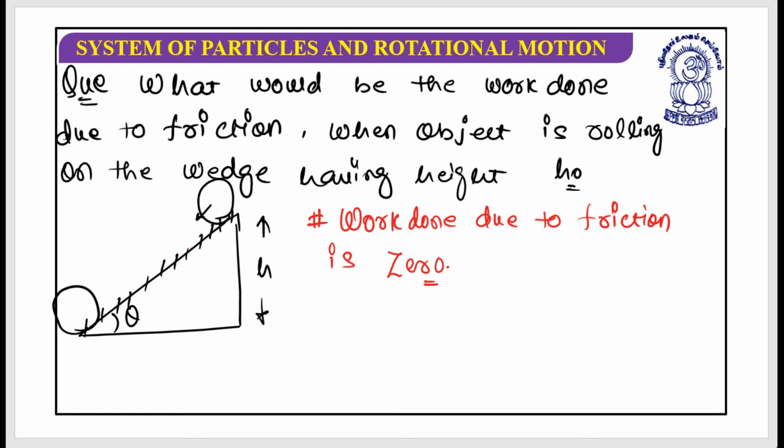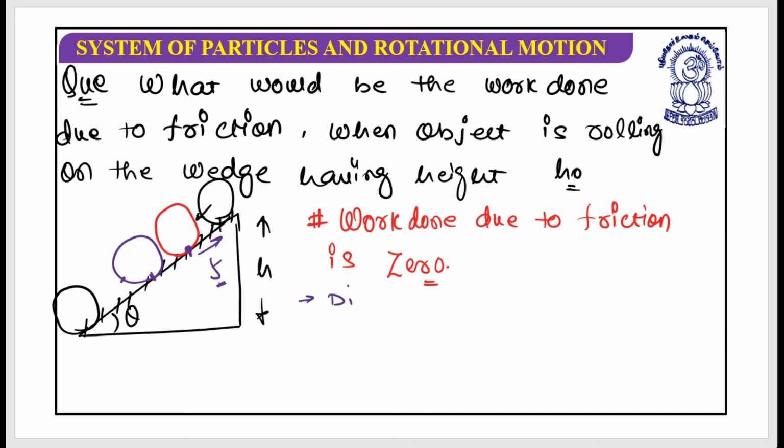Why? Let's try to understand. This was the object, and let's suppose on this particle, because it is the only one which is in contact, a friction is acting in this direction. The next instant the particle is from here, it was initially here, it will be now here. So displacement in the direction of the force of friction is 0.